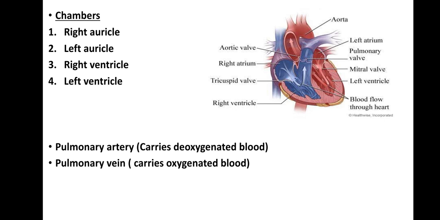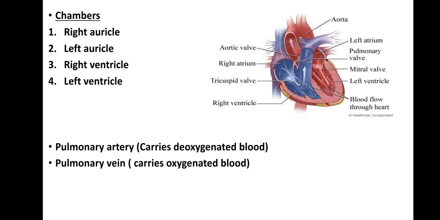Let us discuss. The right chambers of the heart are completely separated from the left chambers. The blood flowing in the right and left parts of the heart generally does not mix in a human body. The right auricle is connected with the right ventricle and the left auricle is connected with the left ventricle.